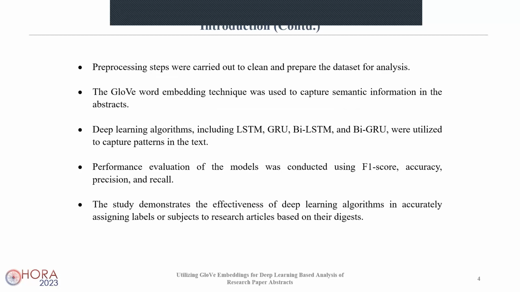LSTM, GRU, BiLSTM, and BiGRU models were employed to capture intricate patterns in the text and understand the relationship between words in a sequence. Performance evaluation was conducted using metrics including F1 score, accuracy, precision, and recall. The results demonstrated the effectiveness of deep learning algorithms in accurately assigning labels to research articles based on their abstracts.